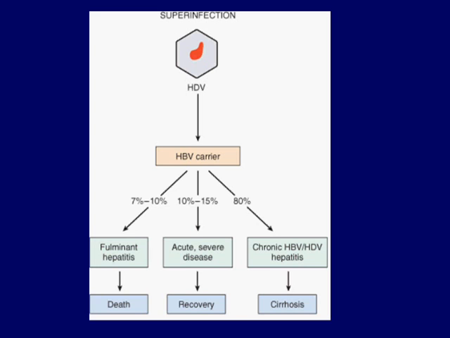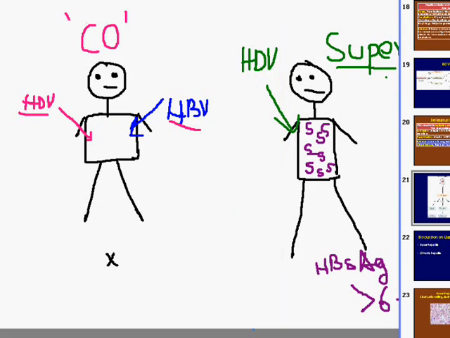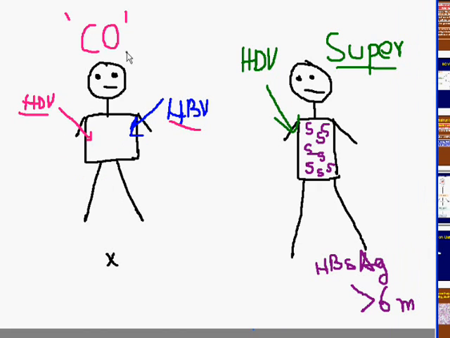So see the picture again here, and remember this. We are getting a co-infection, we are getting a super infection with the D virus. So a patient who has a super infection definitely has a past history of jaundice, because the patient is a carrier with a surface antigen.